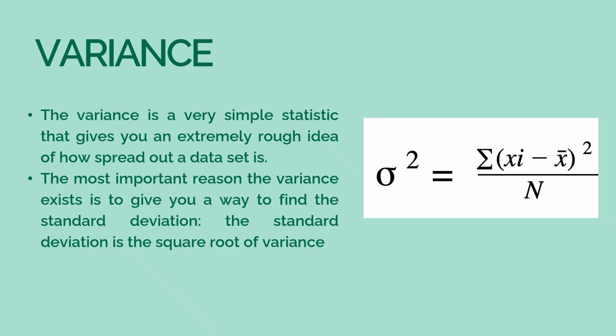The most important reason the variance exists is to give you a way to find the standard deviation. So using this formula, we are going to find the standard deviation. Next we are going to see the standard deviation.